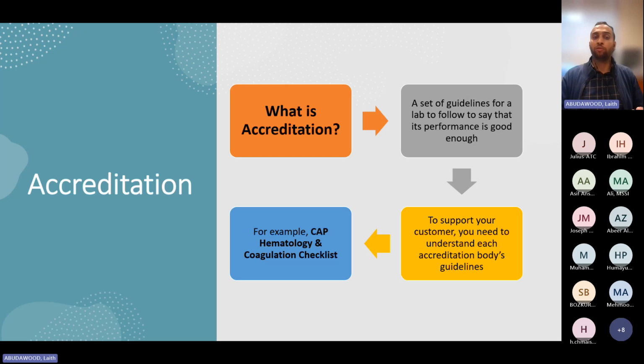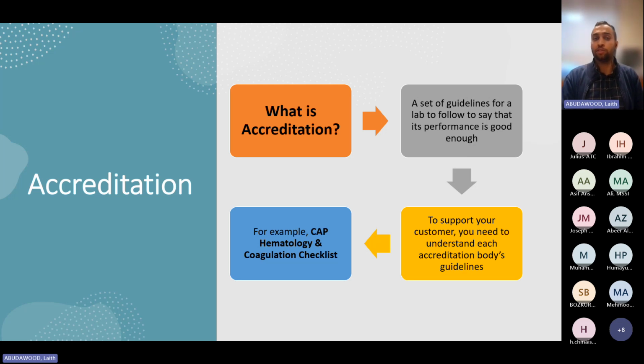So it's very important, if your customer, for example, is CAP or ISO accredited, for you to understand at least the general points in CAP. For example, when I run the CAP PT samples for PTT Automate, and this is unique to CAP samples only, you need to multiply the CAP result for PTT Automate by 0.85 before you submit.